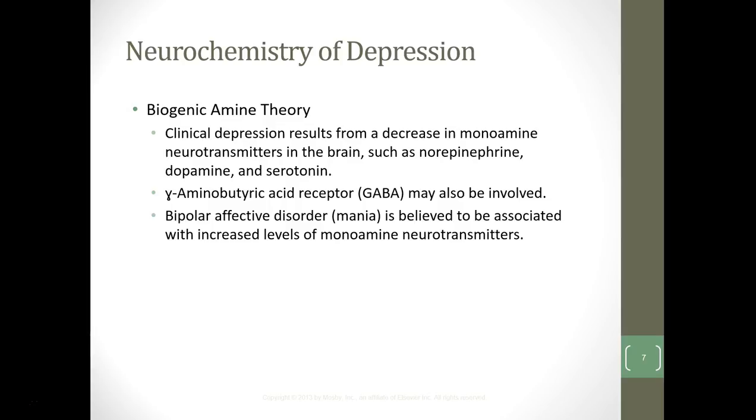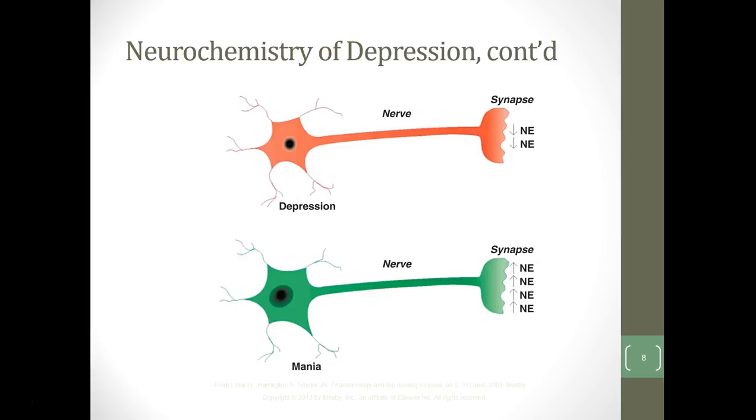There isn't a lot of information on this, so the chapter touches on it, but it doesn't really have any depth in that. Now, bipolar affective disorder, or that mania component, is believed to be associated with increased levels of those monoamine neurotransmitters. They're excitatory, so during the manic phase, there's an excess, so there's an overexcitability of those neurotransmitters.